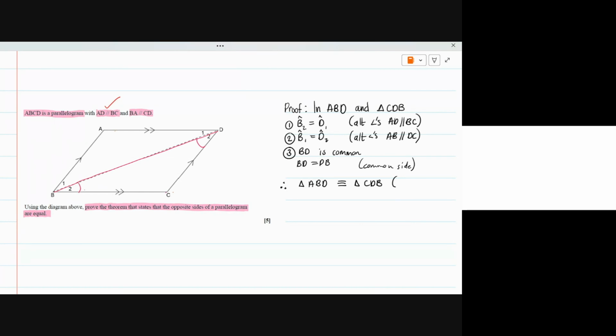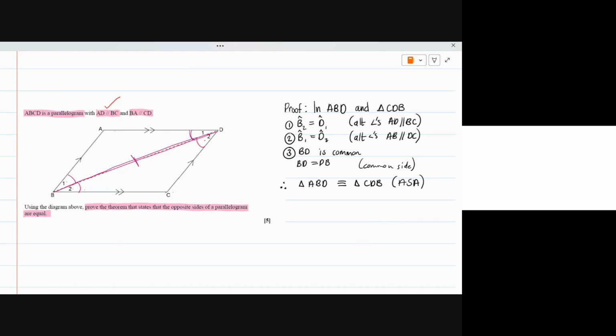So my reason is going to be angle, side, angle. On the other side, it works as well. Because that is my common side, I know that D1 is included in my proof and B1 is included in my proof. So that is angle, side, angle for both. So my reason for congruence is ASA. Angle, side, angle. It's okay, Abu. It takes some practice. It does.